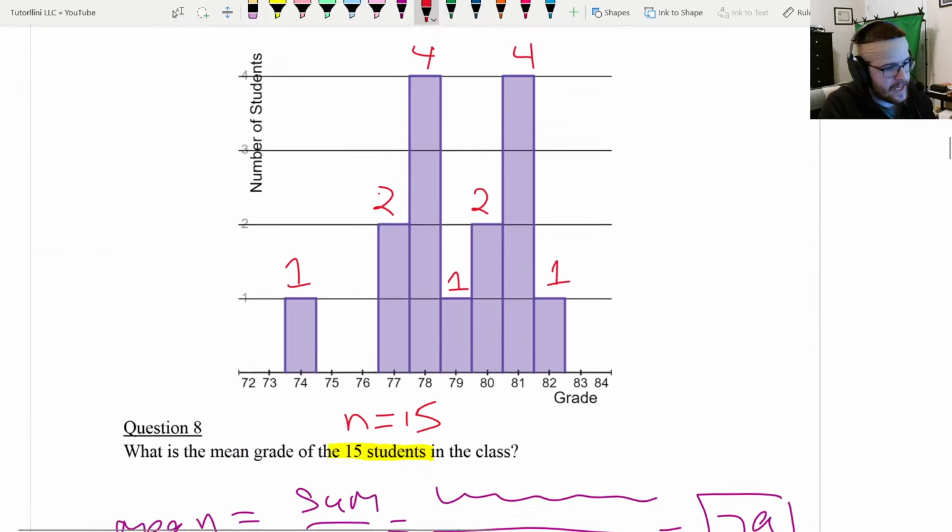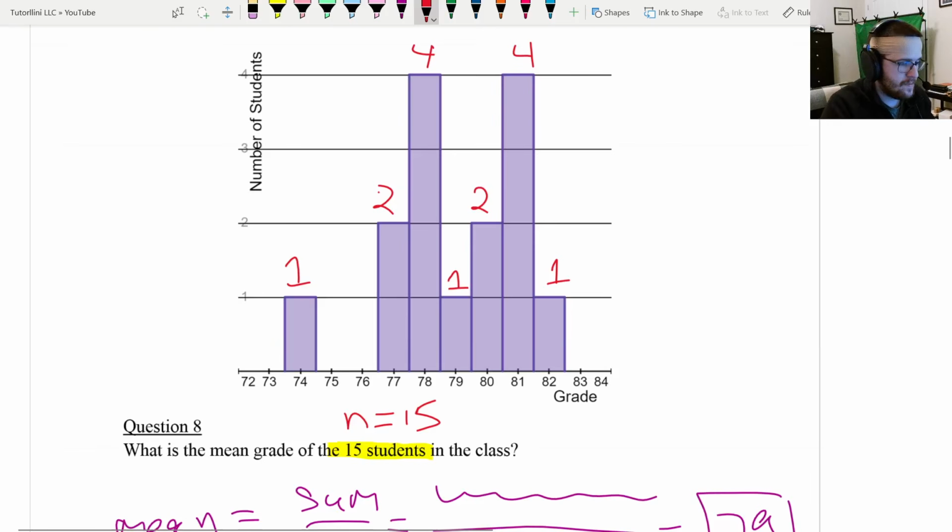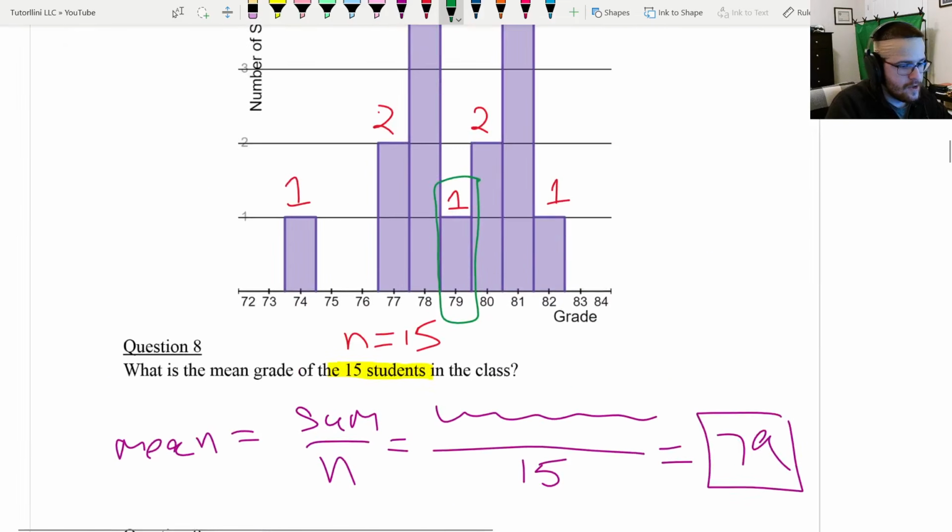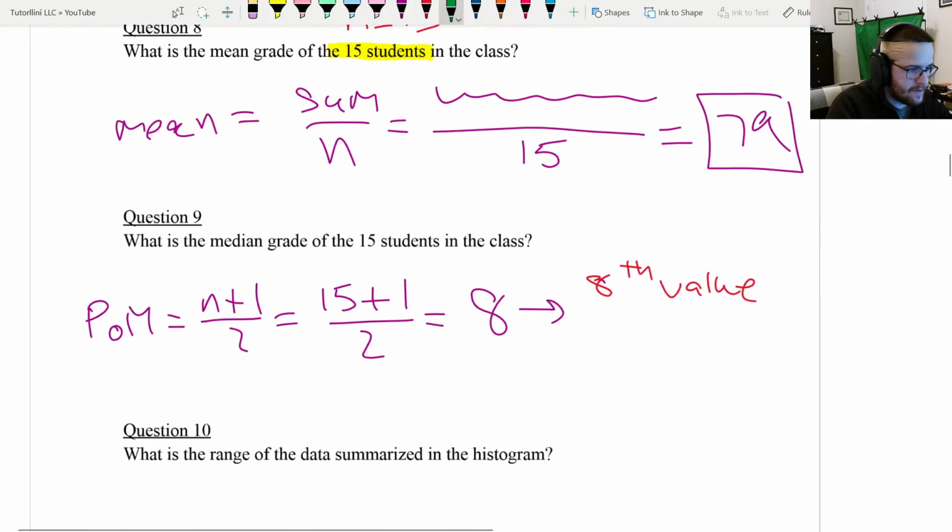So we go back up here and we add cumulatively until we hit 8. 1, no, 1 plus 2, no, 1 plus 2 plus 4, no, that gives me 7, not quite. 1 plus 2 plus 4 plus 1, okay, that is right here. So the 8th one is a 79. So the median is also coincidentally 79. Well, that's our answer for that one.